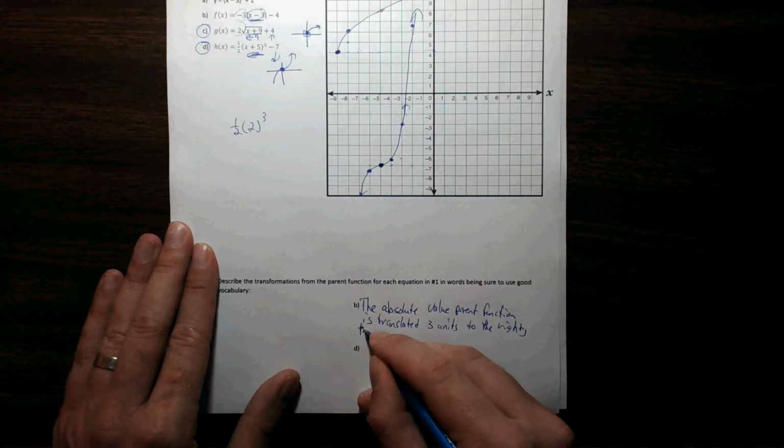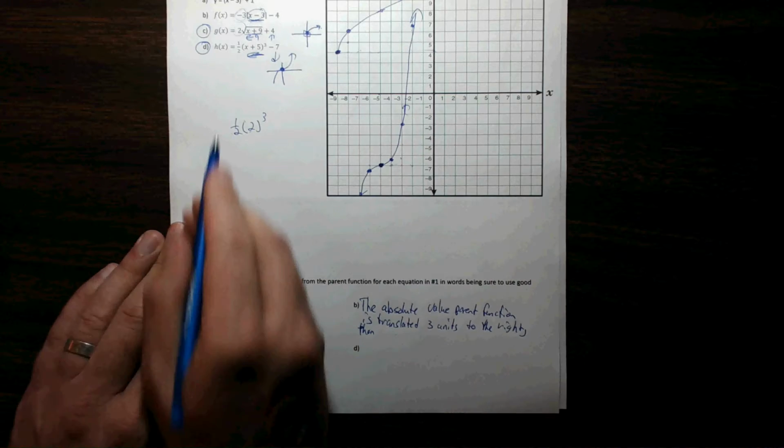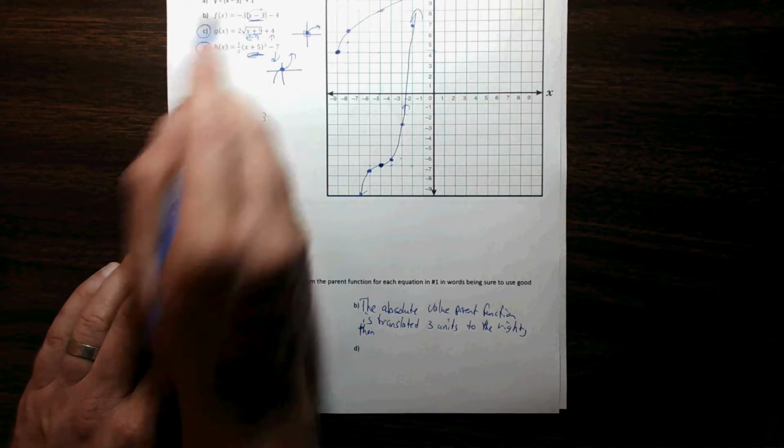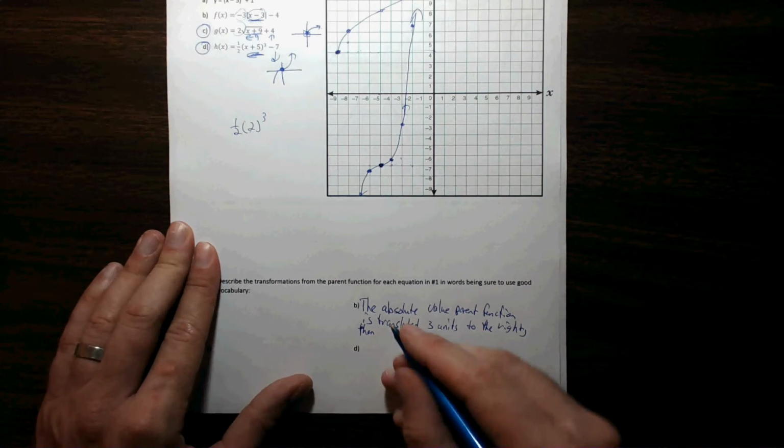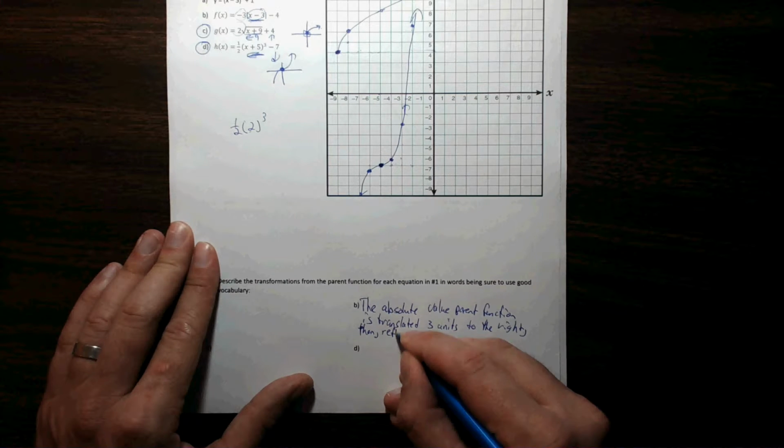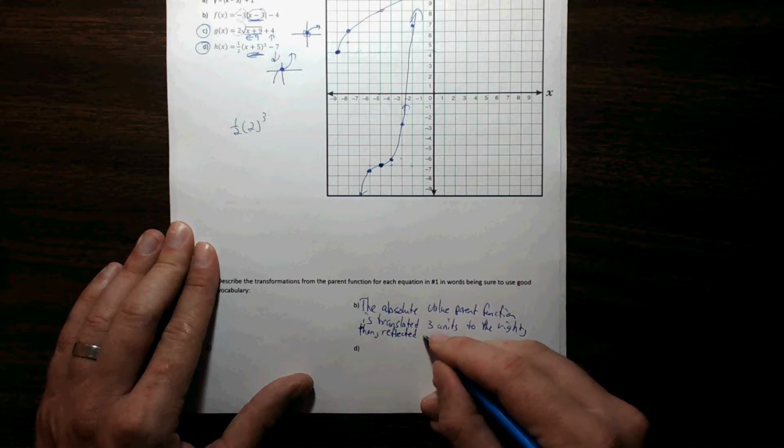Then the next thing is getting multiplied by -3. Remember, multiplying by a negative reflects over the x-axis.